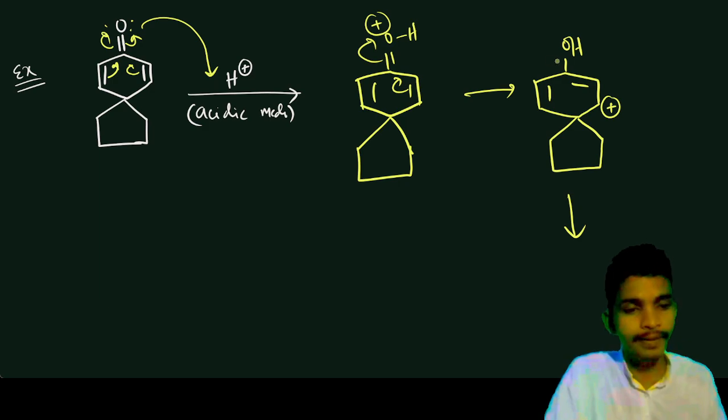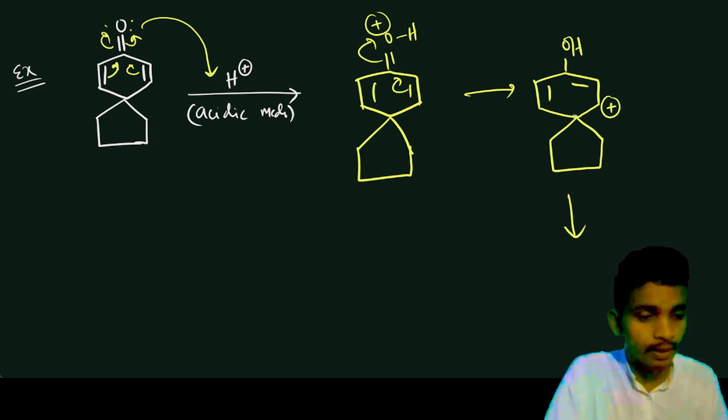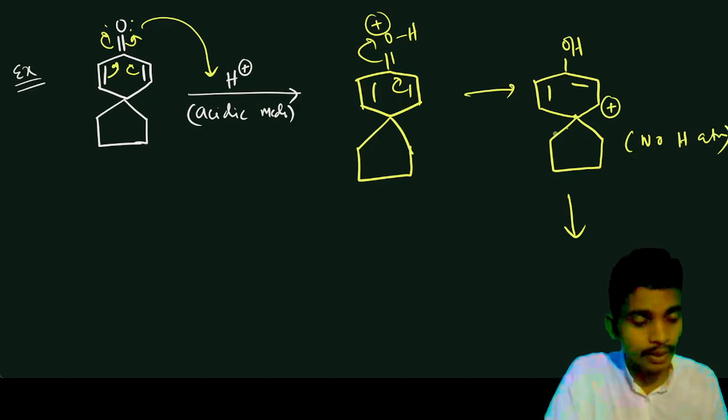Now elimination will not happen here, since this carbon has no hydrogen. So direct elimination we can't do. What we can do is ring expansion. This is a 5-member ring, so it can be converted into a 6-member ring.